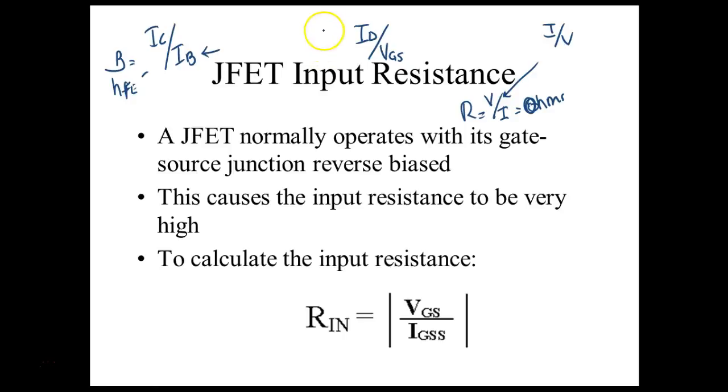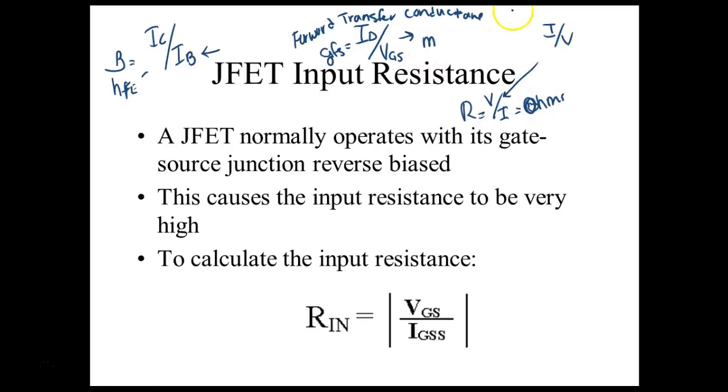And we call this, by the way, GFS in data sheets, and we'll look at data sheets later on in the lecture. It's called the forward transfer conductance, and the unit is the mho, which is ohm spelled backwards.